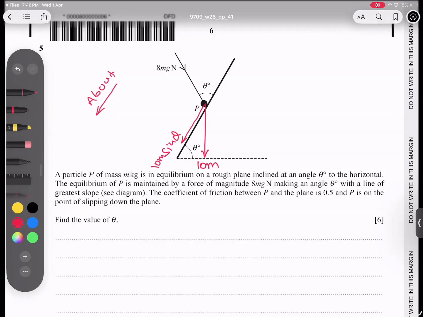And further, this component acts perpendicularly this way, so this is R, the normal reaction of the particle, and 10m cos theta. Okay, done. So I resolved the weight components of the particle.